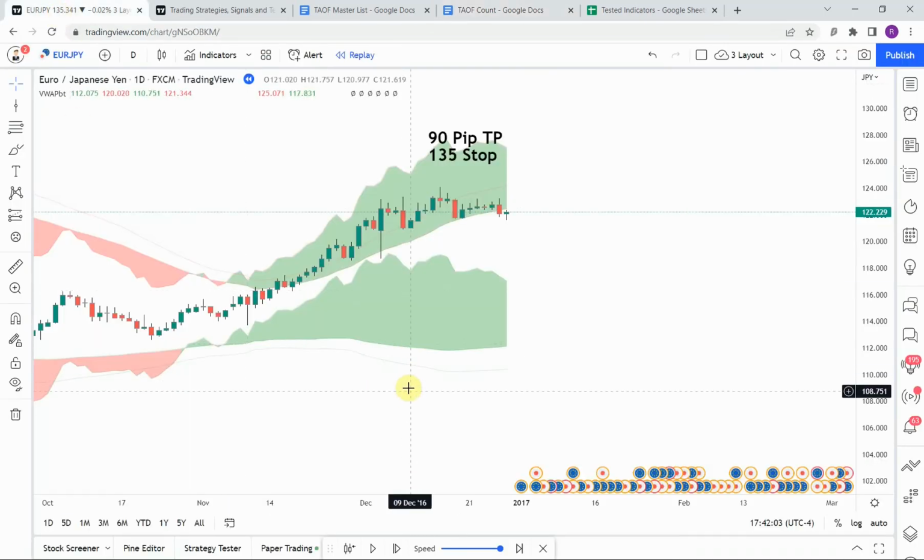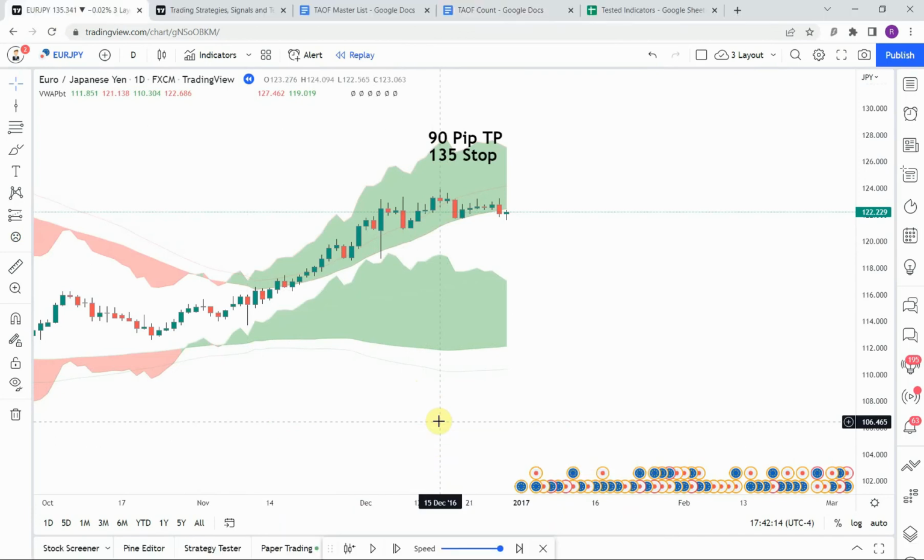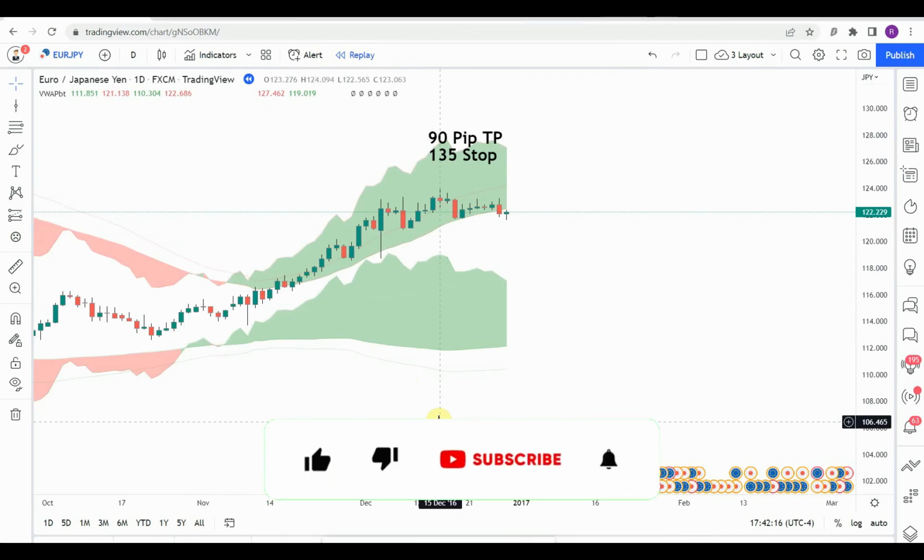Okay, so today's indicator is the VWAP band trends indicator, and you can see it here on screen. This is the same indicator that we tested in the last video. If you want more information about it, you can go to the creator's page, you can watch the last video, and so on.